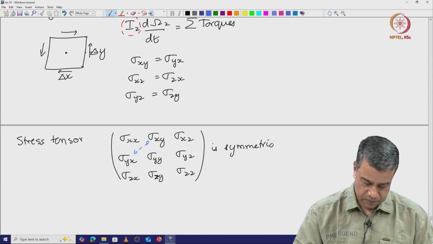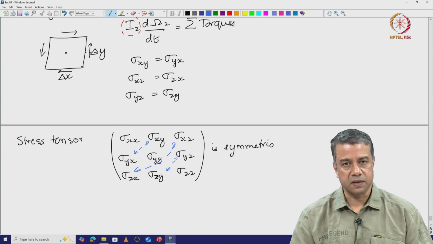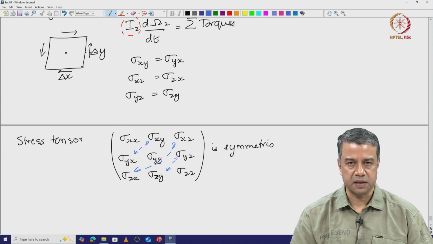These two are equal, these two are equal, and these two are equal. So, the stress tensor is a symmetric tensor.